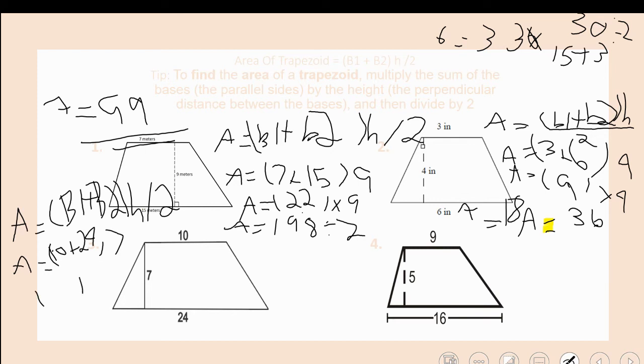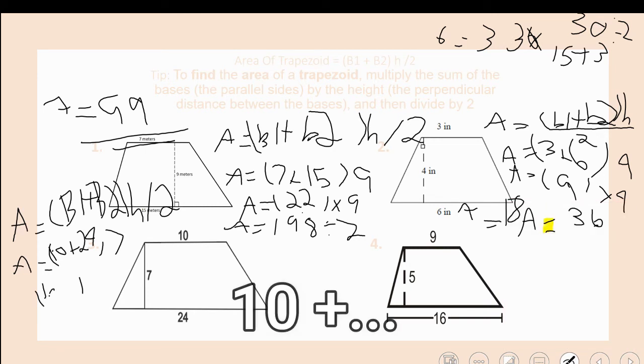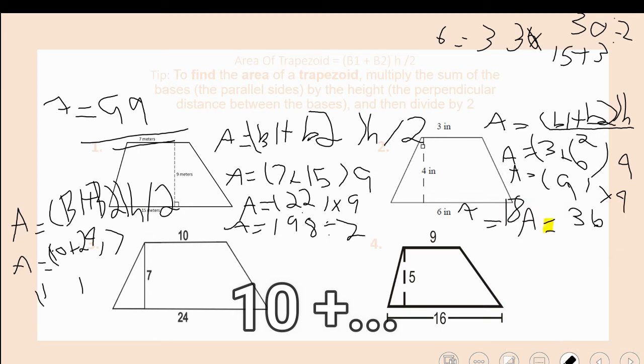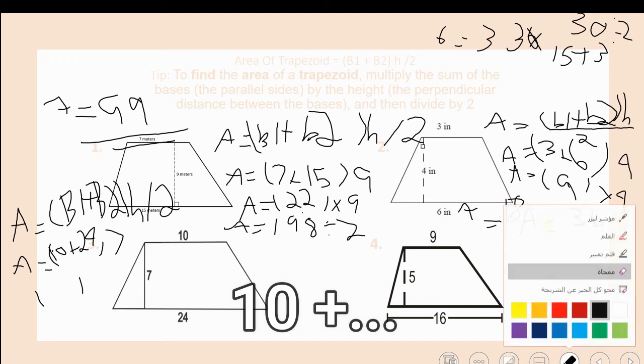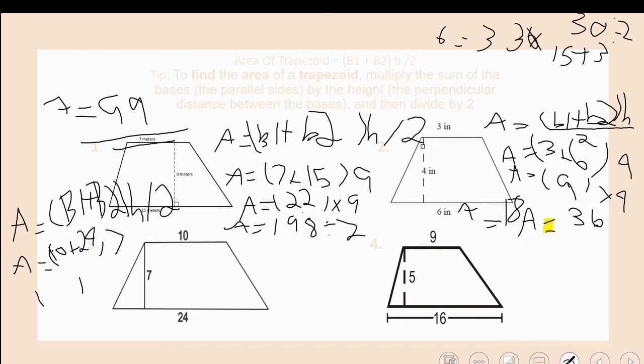So now 10 plus 24 will equal 34. You're just going to take 24 and add 10 to it, it's really simple.